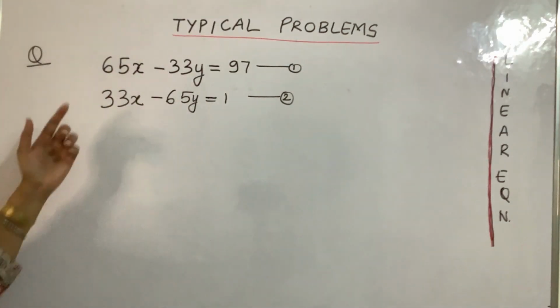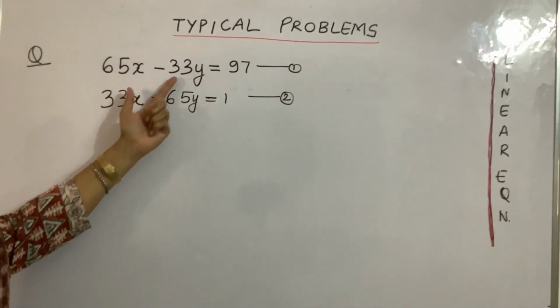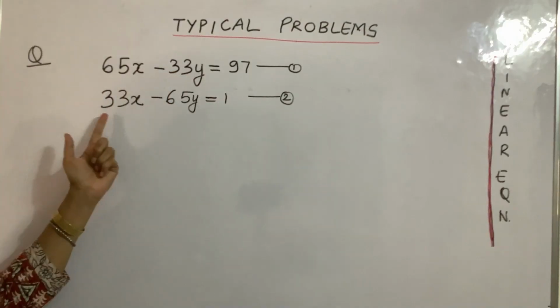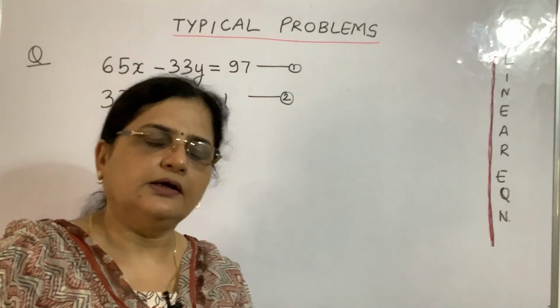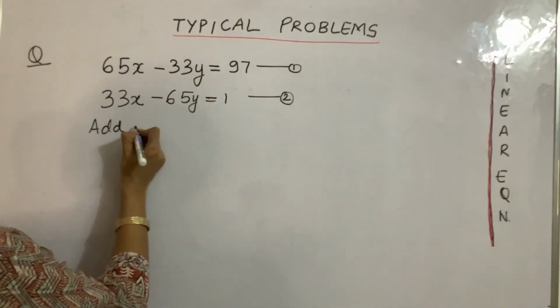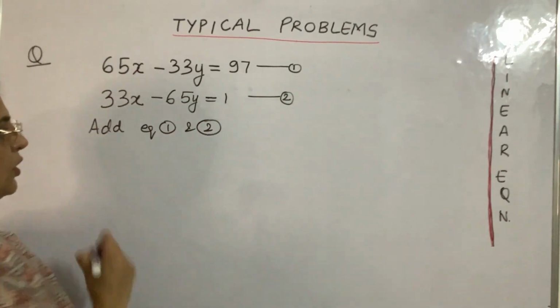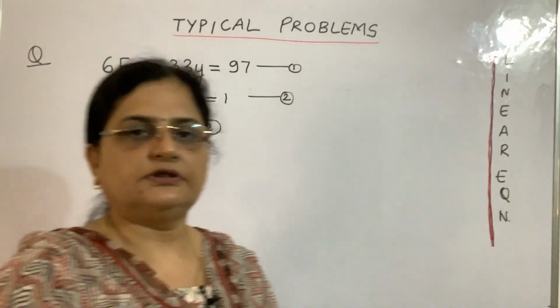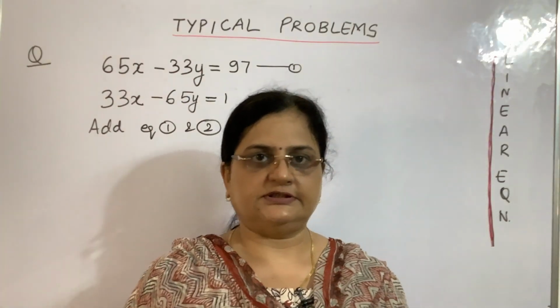So the first thing you have to observe is that the coefficients of x and y are like this. Whenever equations of this kind appear, first of all, we add equation 1 and 2. Whenever you find these kinds of equations, you always add both the equations in the first step.